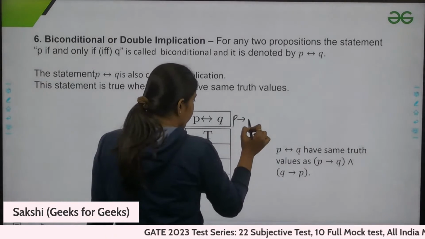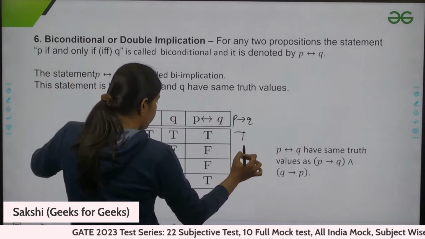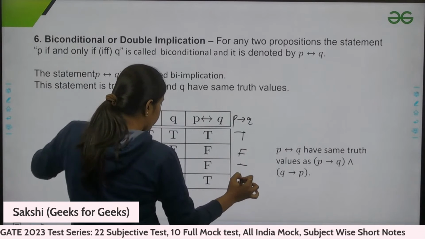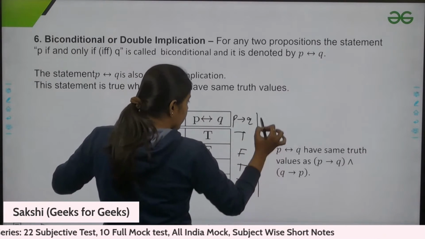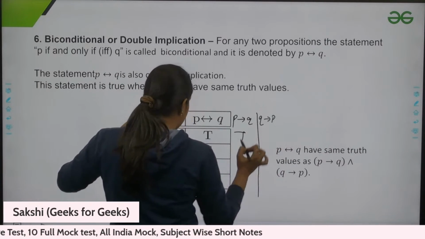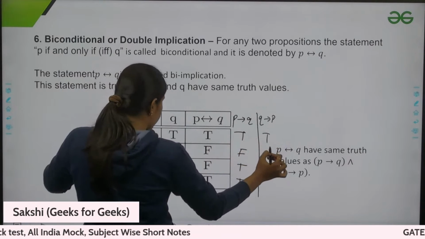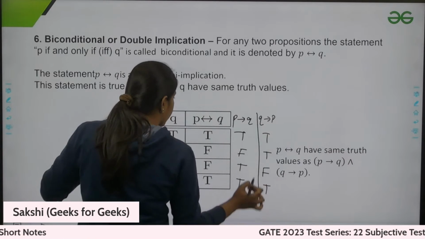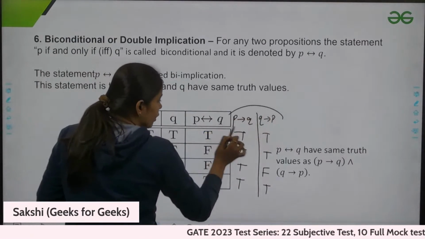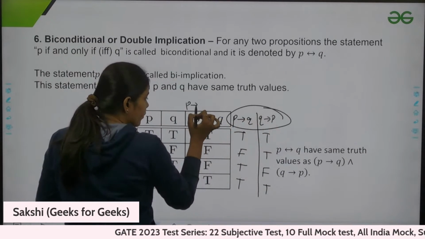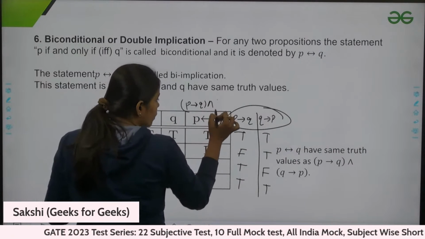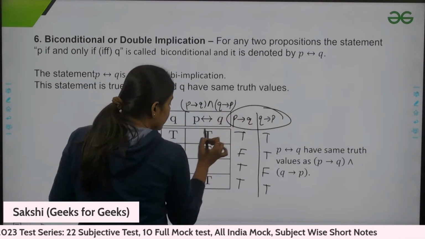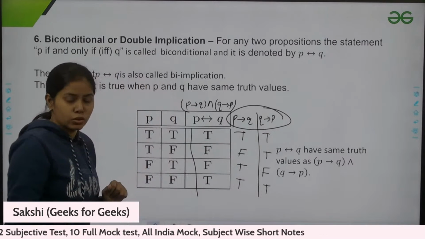If I take p implication q, that would give me true, false, true, true, right? If I take q implication p, that would give me true, true, false, and true. Now, if I take the and of these two statements, p implication q and q implication p, you will get the same truth value here.